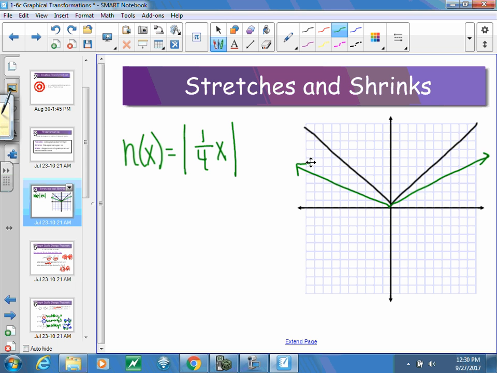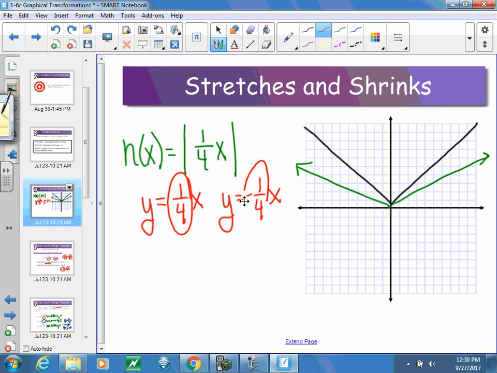Now, how I know that it's going this way, or another way to think about this, is that absolute value is actually giving you two functions. It's giving you y is equal to 1/4 x, as well as y is equal to negative 1/4 x. That's where this graph comes from. And if you think about what that 1/4 and that negative 1/4 are, those are your slopes.